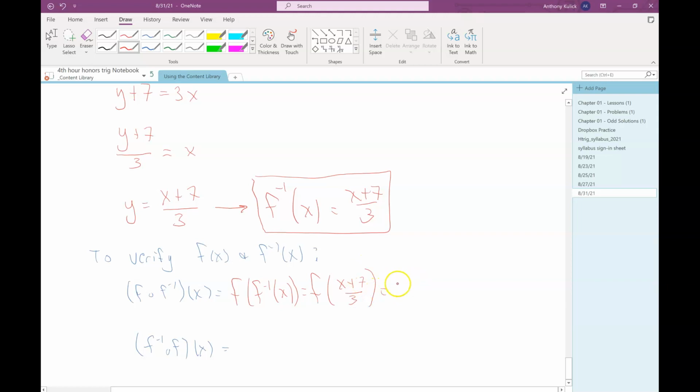So when I substitute that into f, I get that. Everybody agree?